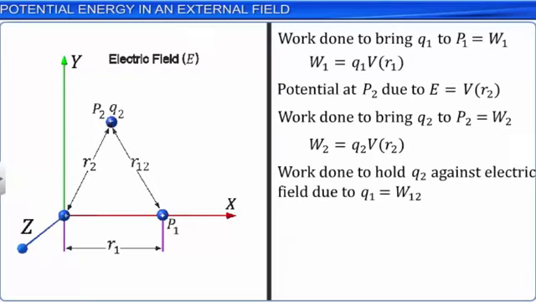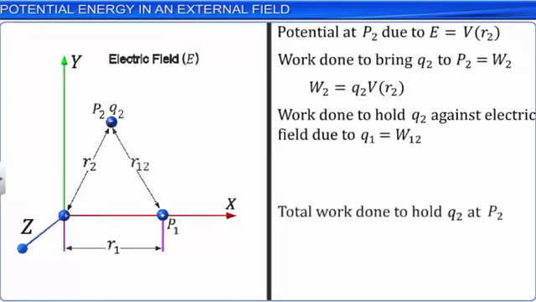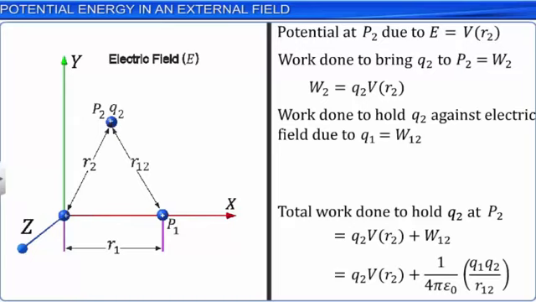The total work done to hold Q2 at rest at P2 is Q2 into V of R2 plus W12. Substituting the relation for W12, we have total work done is equal to Q2 into V of R2 plus 1 by 4 pi epsilon naught Q1 Q2 by R12.